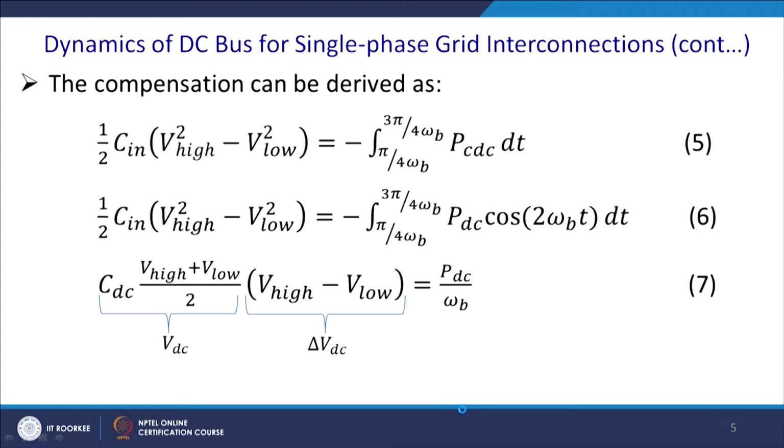Essentially the capacitor is a compensator, and thus half C V square, essentially these equations. So half C in (V_I square high minus V_I square low) is the difference between the variation of the input of the capacitor before this grid side converter, and that can be given by the integral from pi by 4 to 3 pi by 4 of PDC dt.